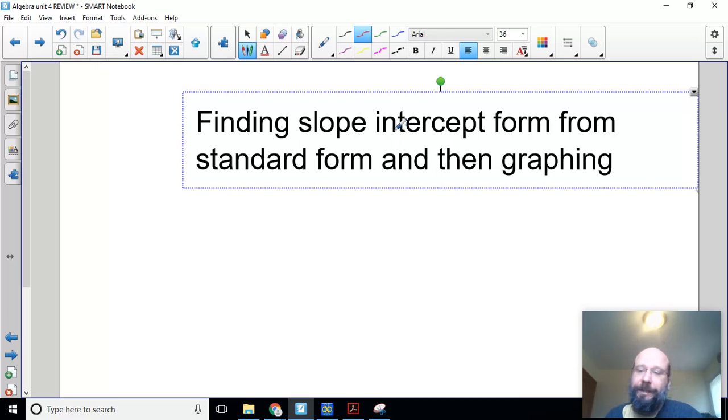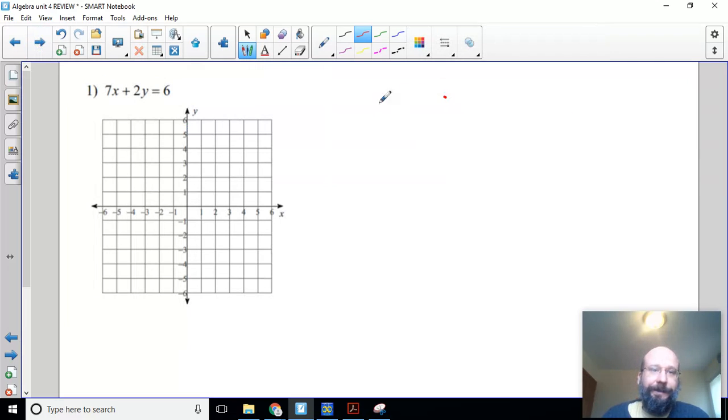So here's where we're putting concepts together, and we're covering 2 topics. We're going to find the slope-intercept form from a standard form, and then we're going to graph it. For instance, we have this. We need to graph this.